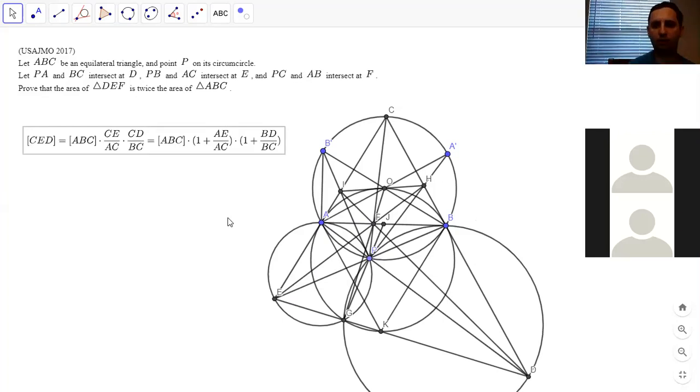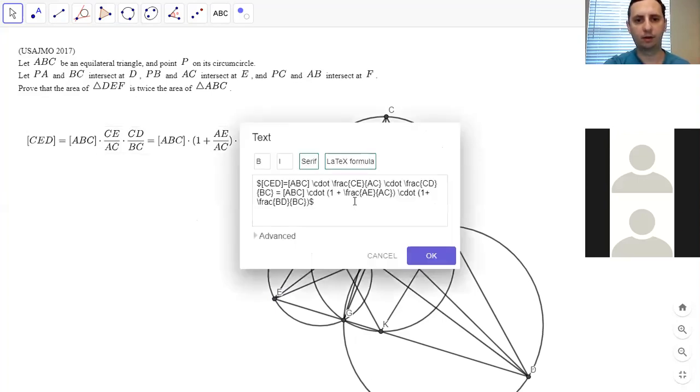Yeah, because basically sine 60 is equal to sine 120. So yeah, AE over AC. I'll write this out on the next line.